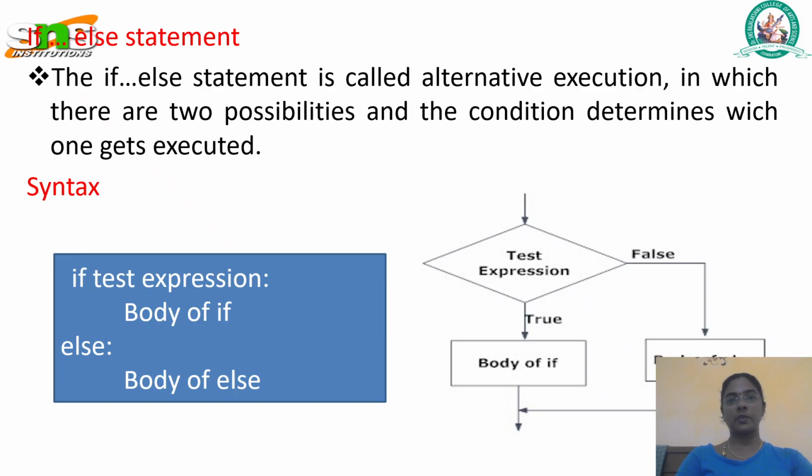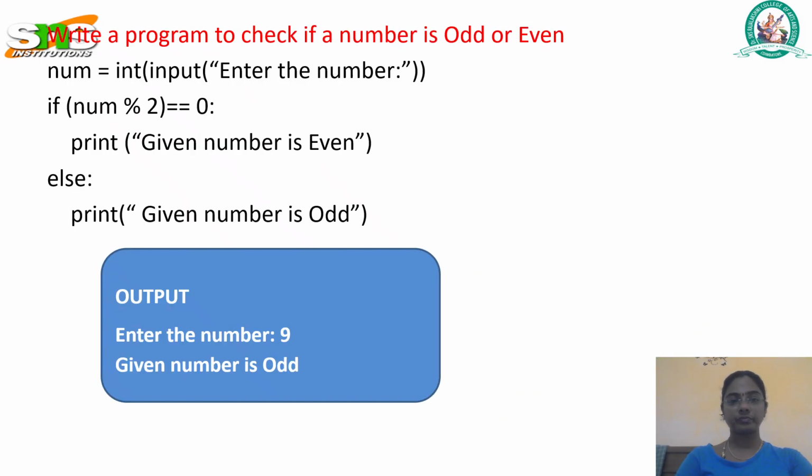In the previous one we saw only the simple if, where if the condition is true it is executed, otherwise there is no alternative. Here both alternatives are considered. We get a number from the user to check whether it is odd or even. If the remainder is equal to 0, the given number is even, otherwise it is odd.